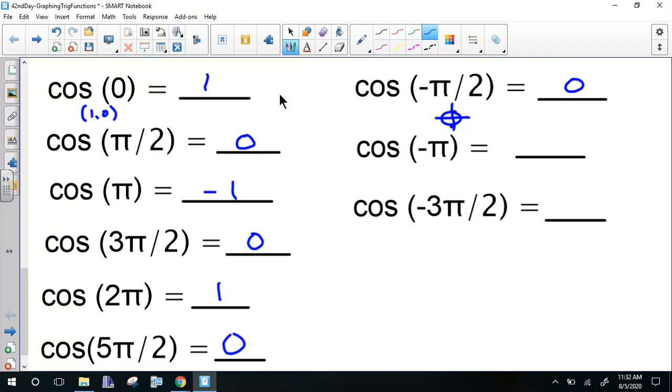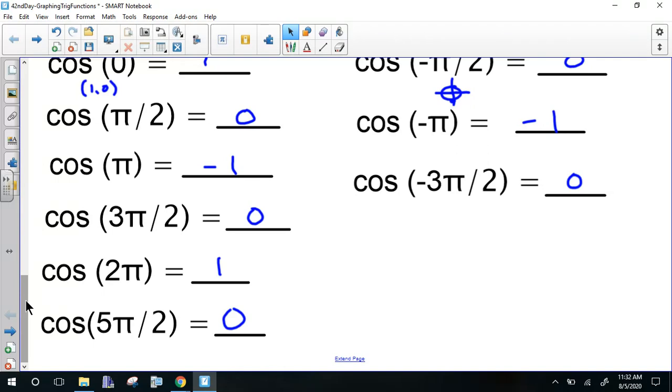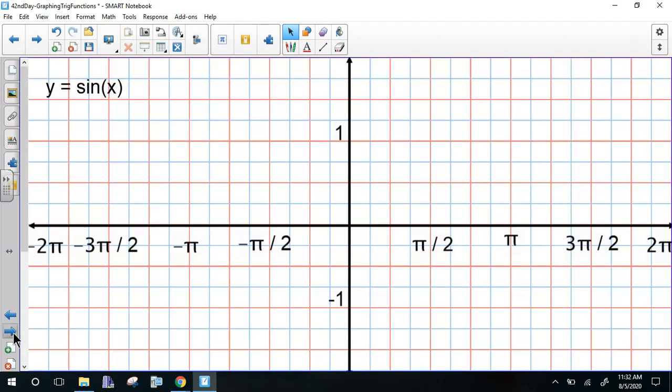Cosine of negative pi is in the same position as cosine of pi. And cosine of negative 3 pi over 2 is the same as cosine of pi over 2, so that's going to be back at 0. So all these you can get from the unit circle. So it's best to have your unit circle handy or memorize it.